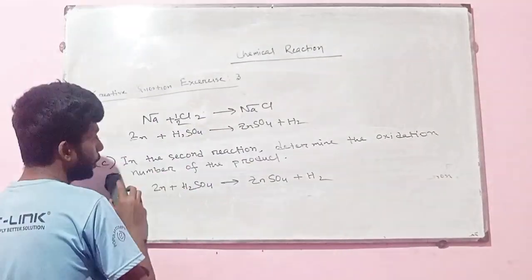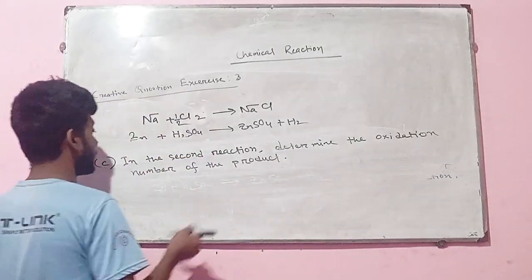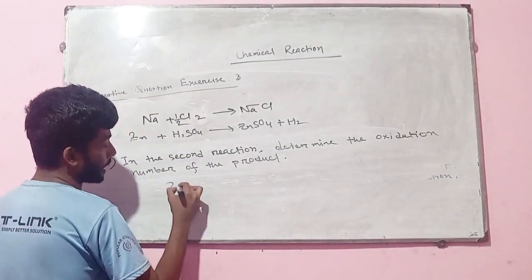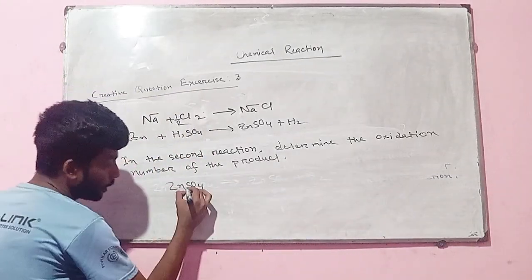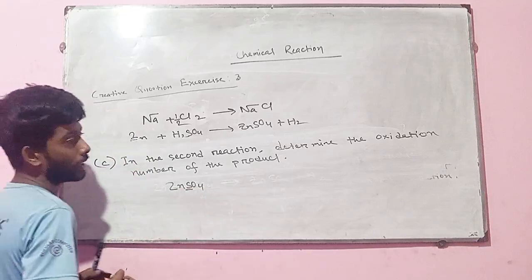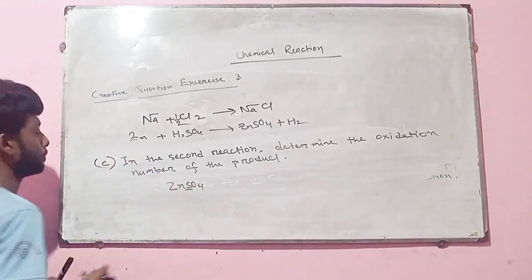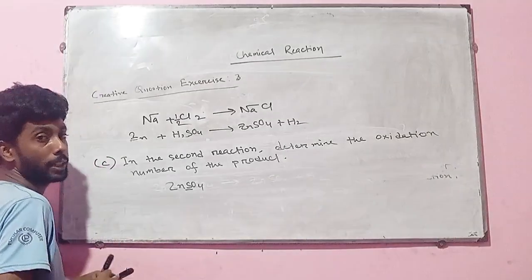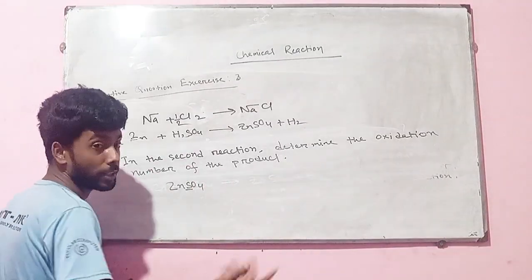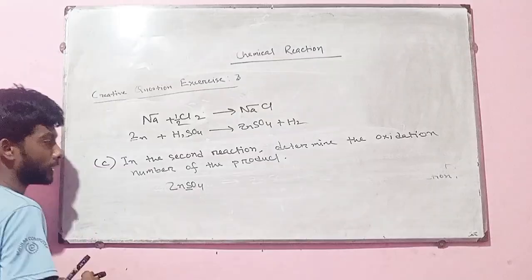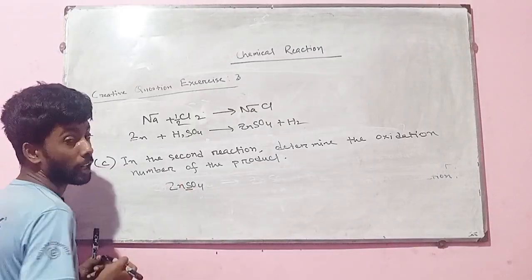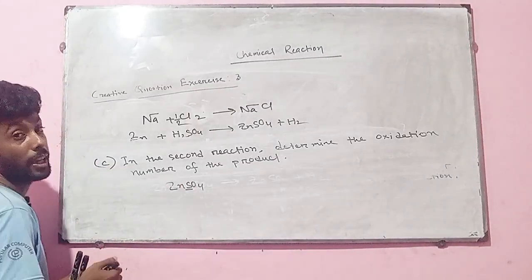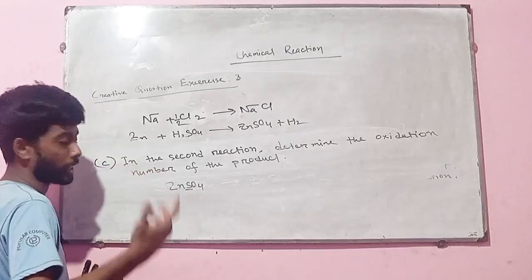Okay, so let's get started. Zinc sulfate is our compound. We'll have to determine the oxidation number of this sulfur. Just write down all the other oxidation numbers, then it will be very easy for you to determine the oxidation number of sulfur. We know the oxidation number of sulfur is 2, 4, 6.